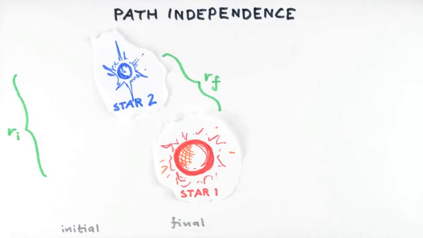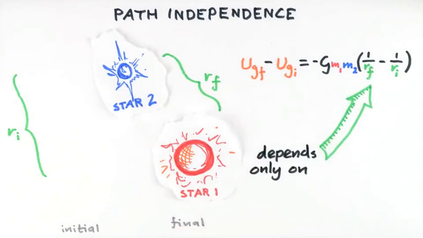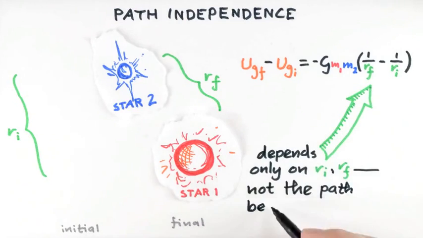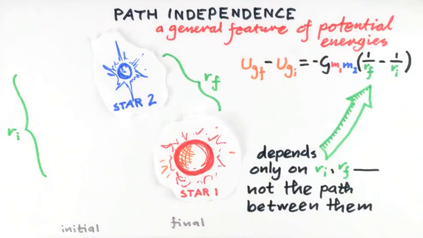But notice something interesting. The change in potential energy, the final gravitational potential energy minus the initial, depends only on the initial and final states. The change does not depend on the path between these states. This illustrates path independence, which is a general feature of potential energies regardless of the nature of the interaction.